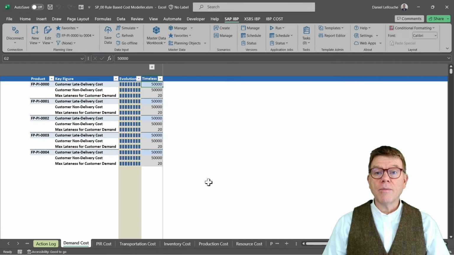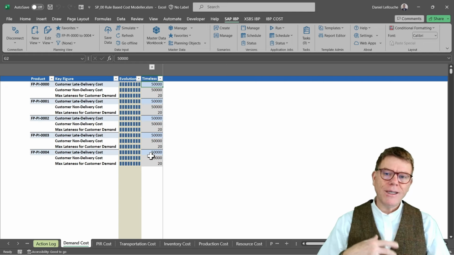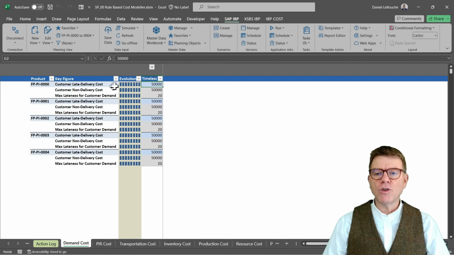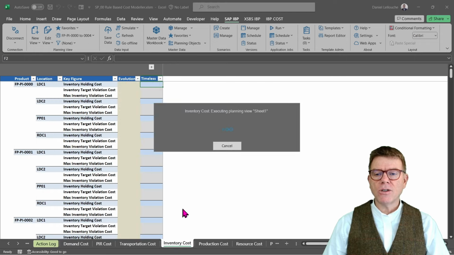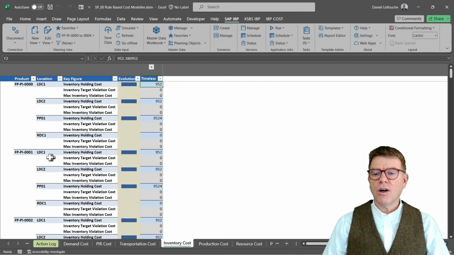So here I am back in the cost model management. And here we see that from the demand cost, first I have really increased by much the penalties of non-delivery and late delivery, just to force the system to do a planning for all products. Then, from the inventory cost, I've set a cost so that on the LDC, the cost is quite high, about 1,000.